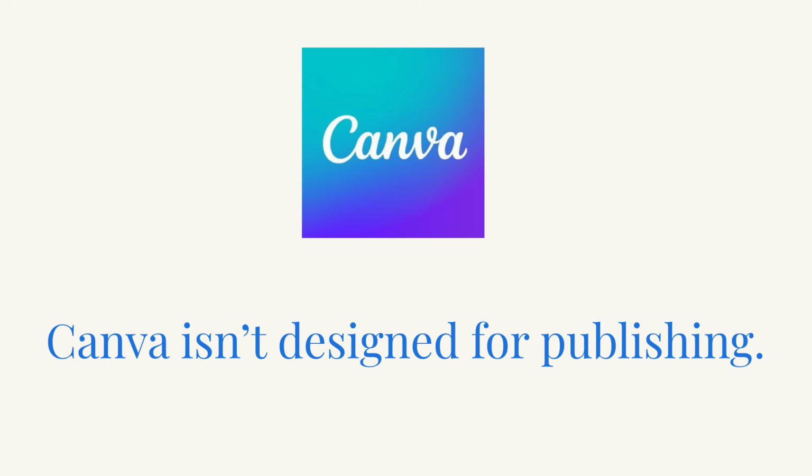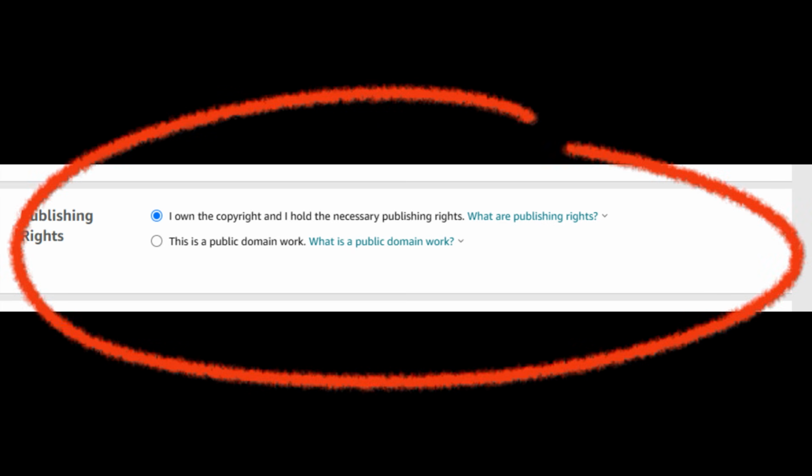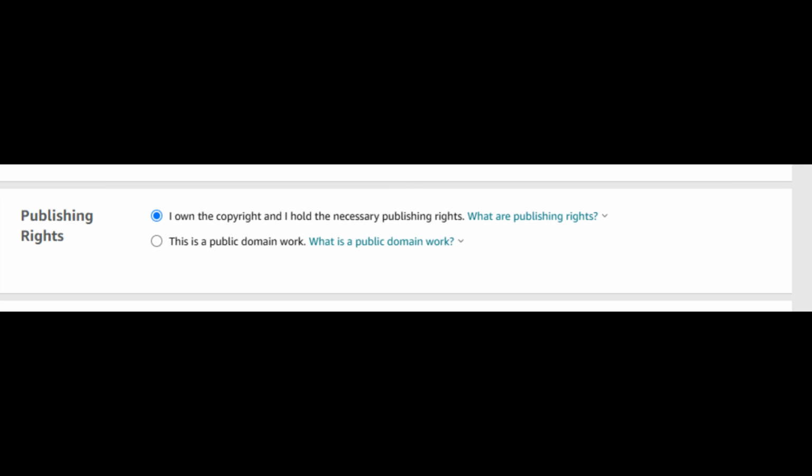I think what people are misunderstanding here is that there is a question that Amazon asks you when you are uploading your manuscript. They ask you to tick a box that says that you hold the copyright. And what they're really asking is if you hold the copyright for your book.